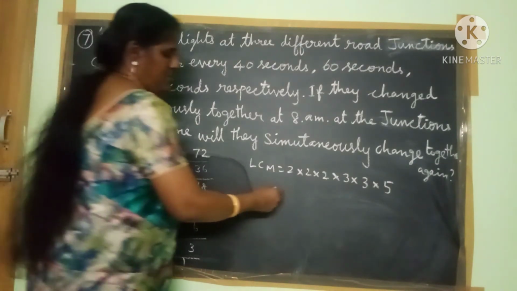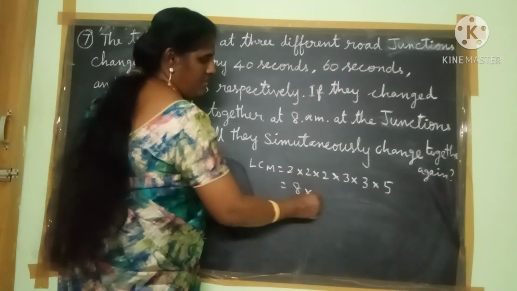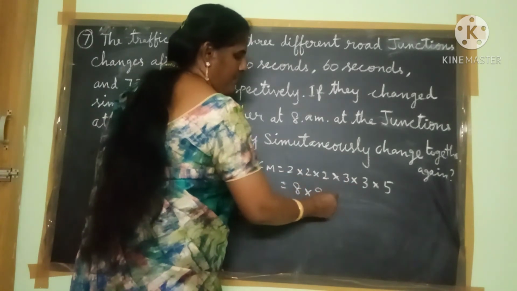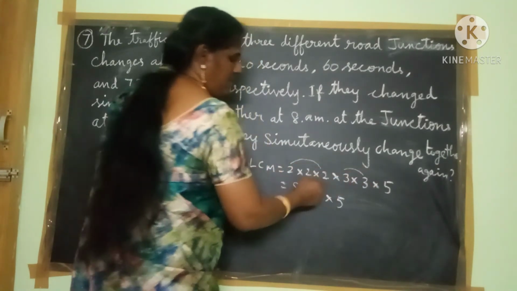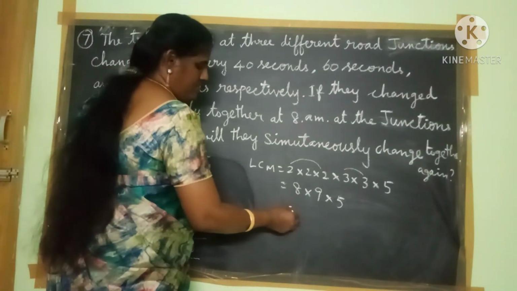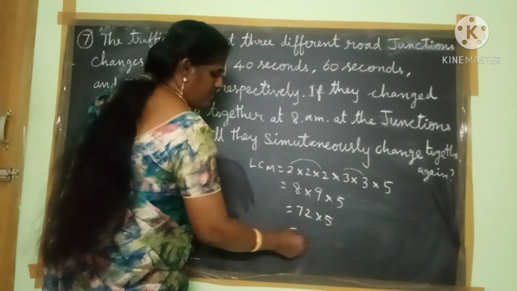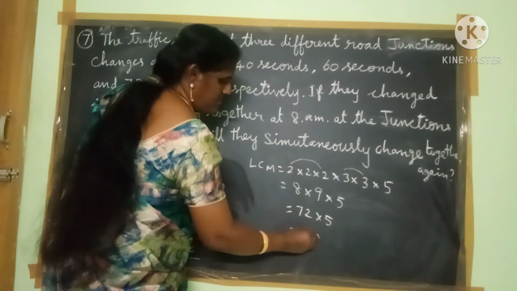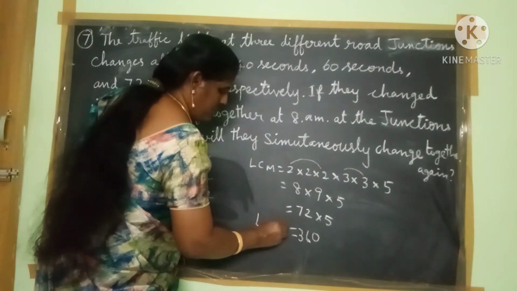Now we just multiply it all. 2 twos are 4, 4 twos are 8. 3 threes are 9 into 5. First multiply 8 and 9, 8 nines are 72. 72 into 5 is 360. So LCM is equal to 360.